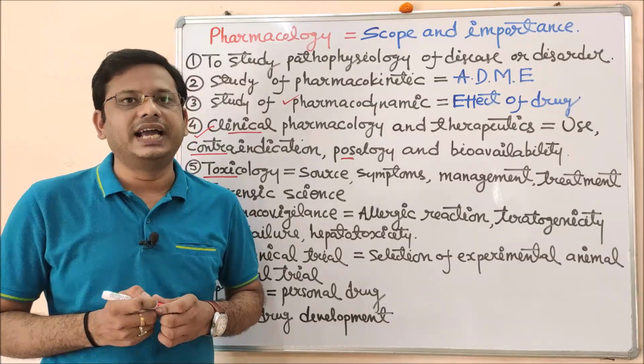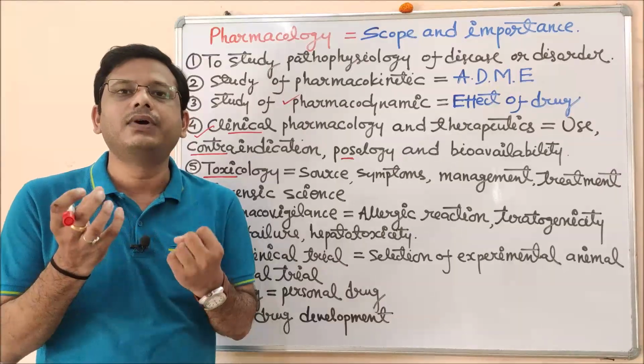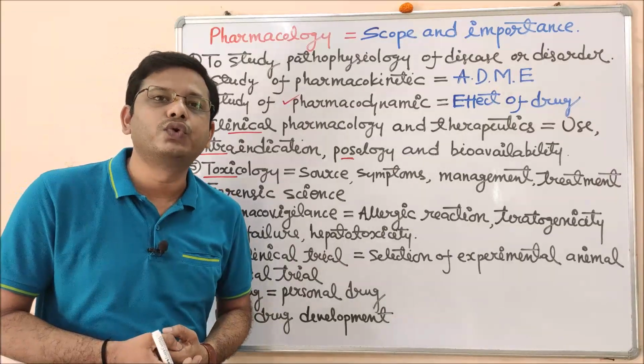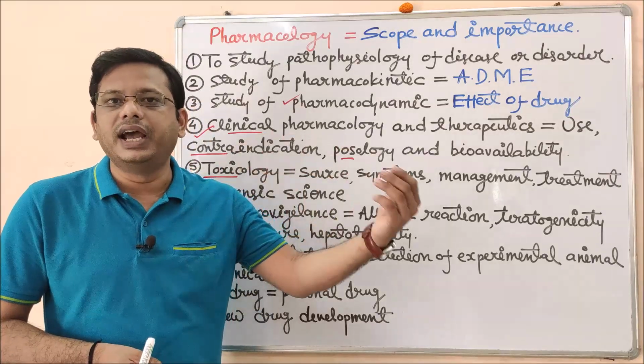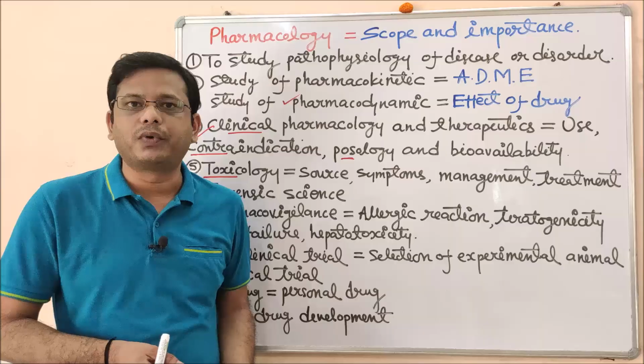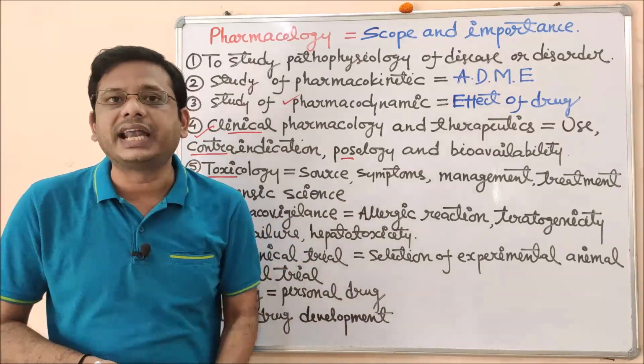In case of forensic science, we have to gather all the particular information which can be used as proof. Like if someone has taken some poison, it may be atropine poisoning or another type of poisoning, or heavy metal poisoning: arsenic, lead, mercury, cyanide poisoning.